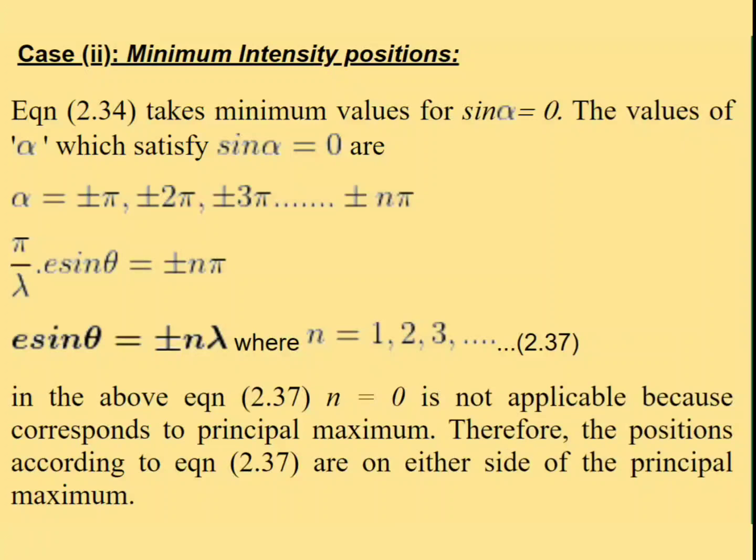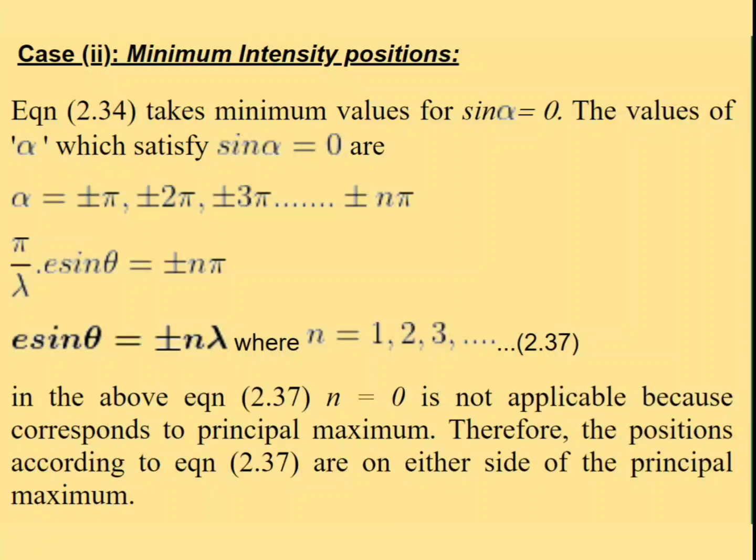Only we substitute alpha is equal to plus or minus pi, plus or minus 2 pi, and so on, plus or minus n pi. Because n value 0 is applicable for principal maxima. That means at n equal to 0, principal maxima exists. On both sides of the central maxima or principal maxima, minima exist. That's why we used plus or minus, meaning both sides of the central maxima.